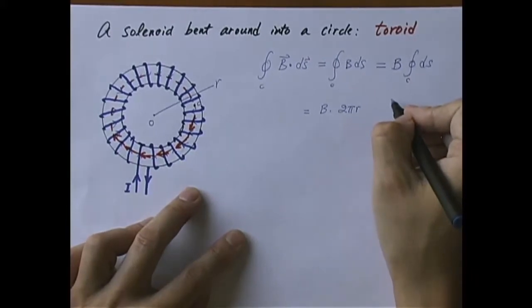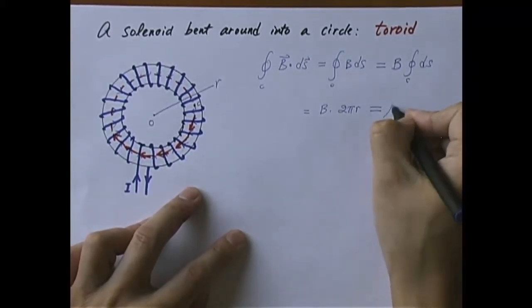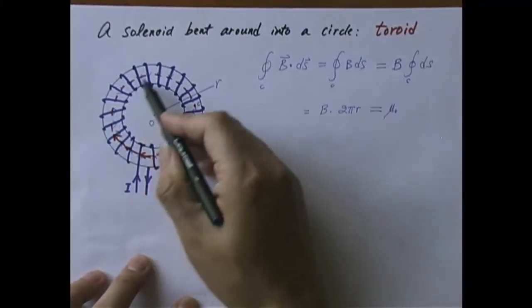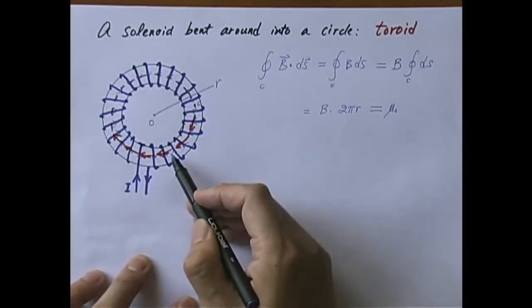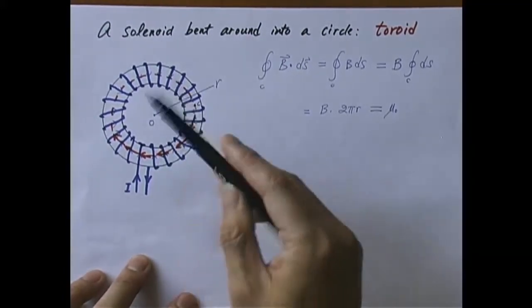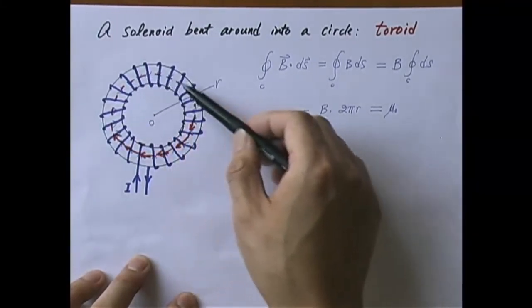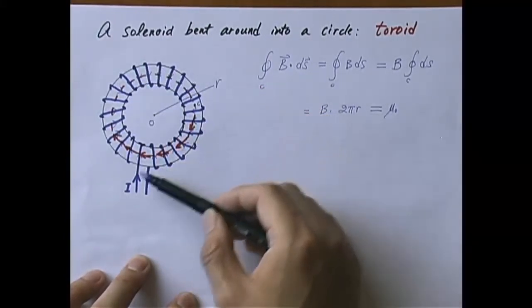Okay, what is that equal to? What is the right hand side of Ampere's law? Mu naught times what? The total amount of current captured by this loop. Does it only capture one segment, I? How many times does the current penetrate this loop?